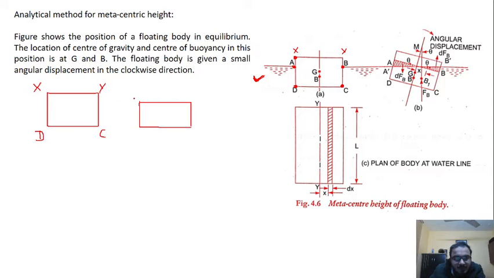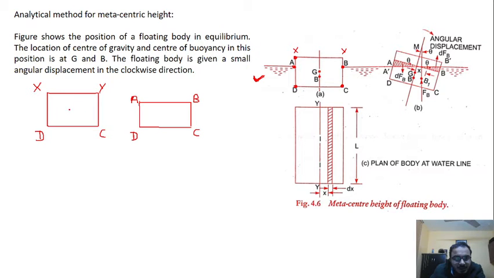That is A, B, C and D. So this is the entire body and this is the submerged body.